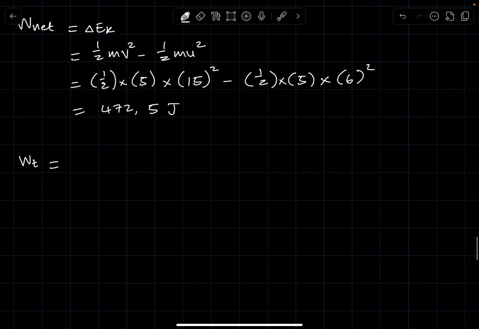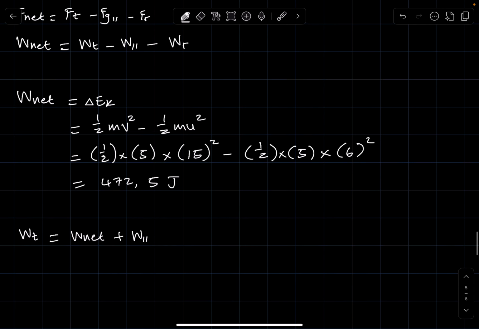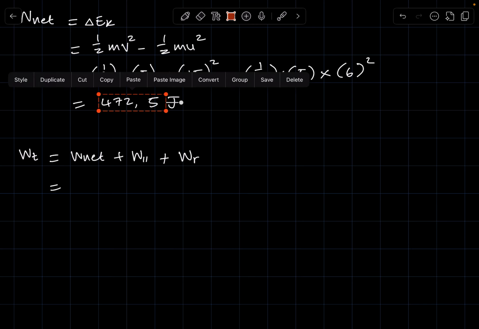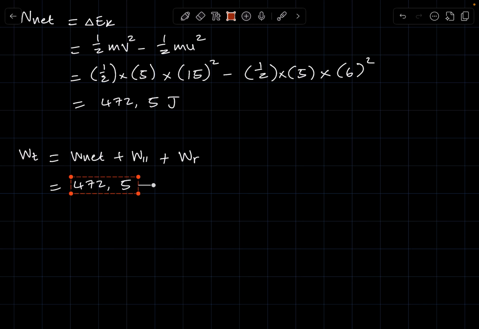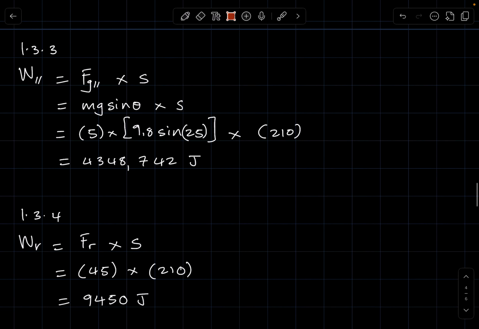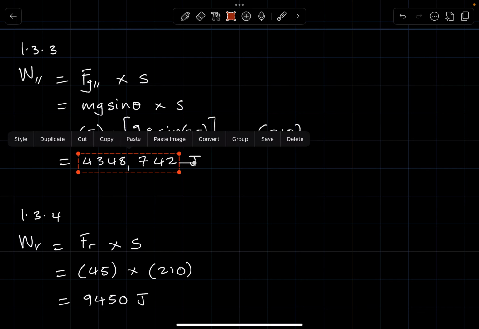So this will be work net plus work done due to the parallel components of the weight, plus work done due to friction. And here you have this plus, and you calculated that, and this is what we got.